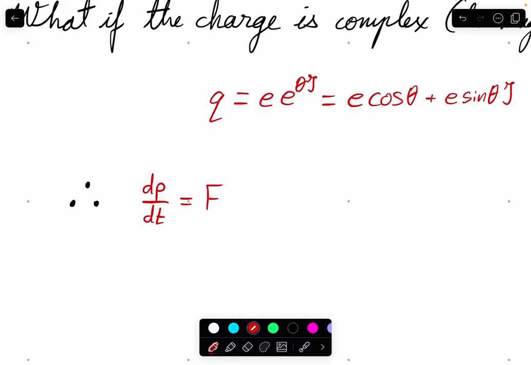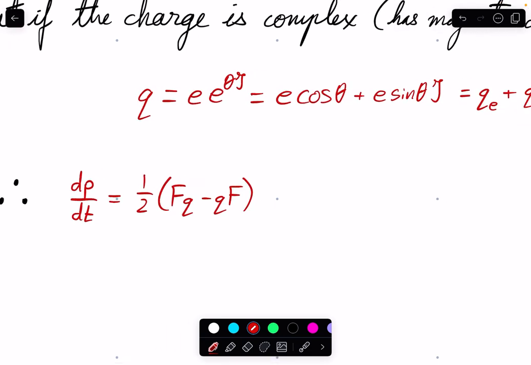So it's going to be 1 over 2 F Q minus Q F, and this is going to be equal to 1 over 2.